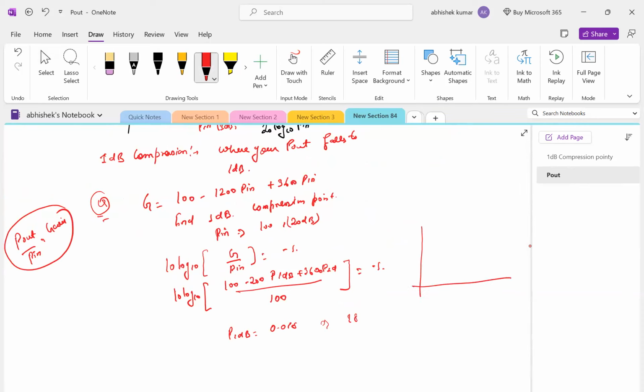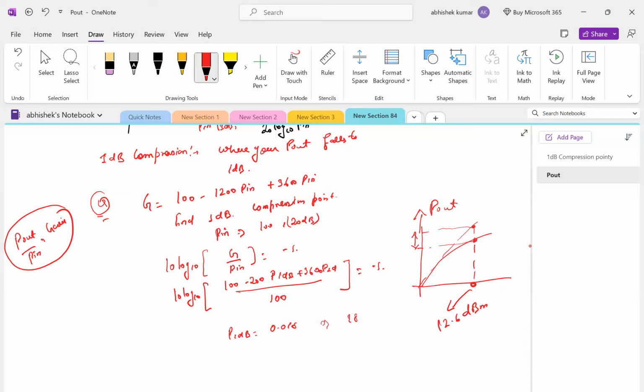So your compression point is like that. At this power, this is 12.6 dBm. Originally you wanted to have this much gain, but you are getting this much gain. So here is 1 dB compression at this power, and this is known as the 1 dB compression point. Are you getting it or not? Yeah.